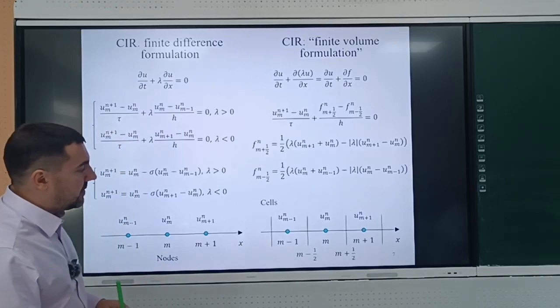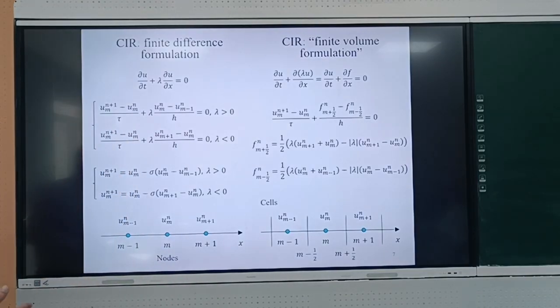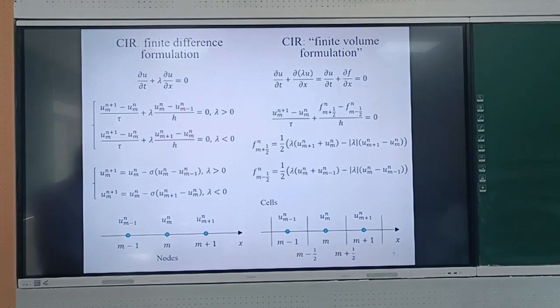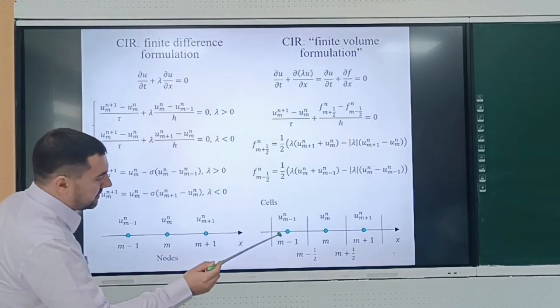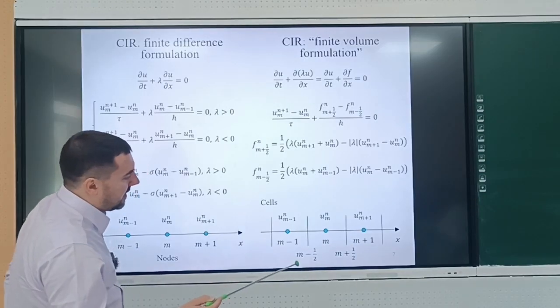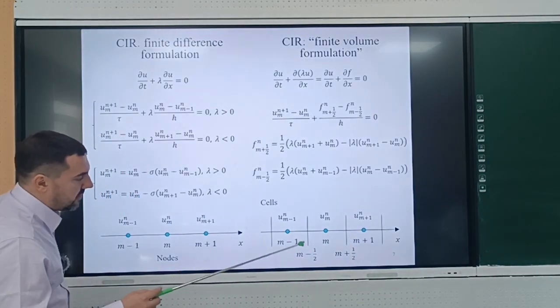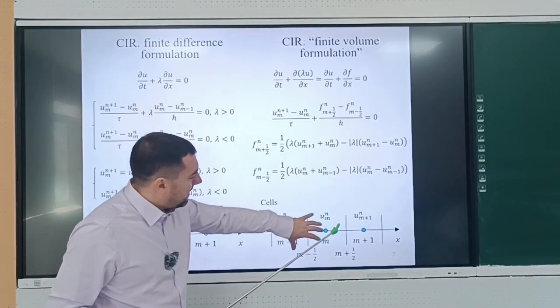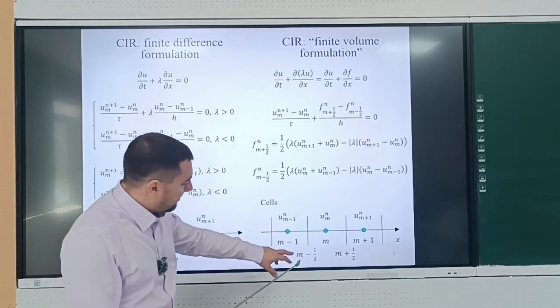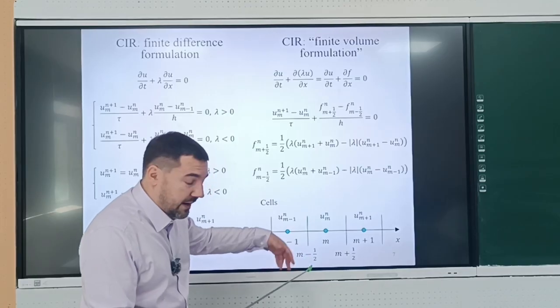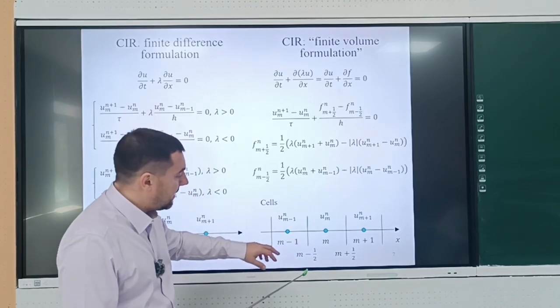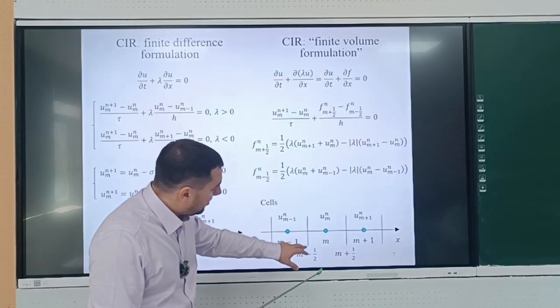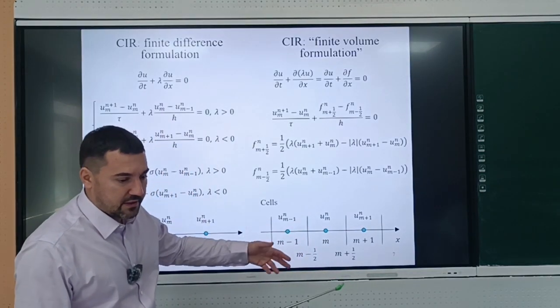But here you have another interpretation. Now we have nodes, m minus 1, m plus 1, but also cells. We introduce cells as volumes, and the fractional indices, m plus or minus 1/2, correspond to edges or boundaries between computational cells.